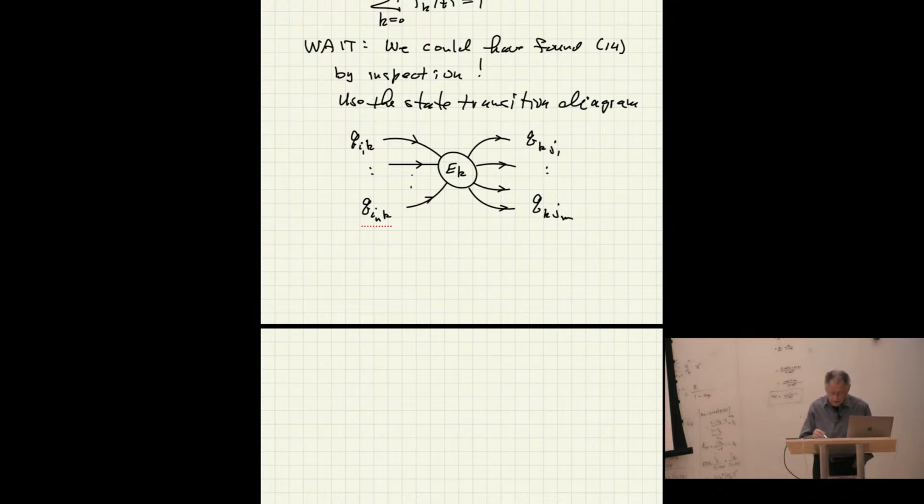And by the way, this self loop, namely Q sub KK, is omitted. We agreed what goes in comes out to yourself, so we don't need to count for that.